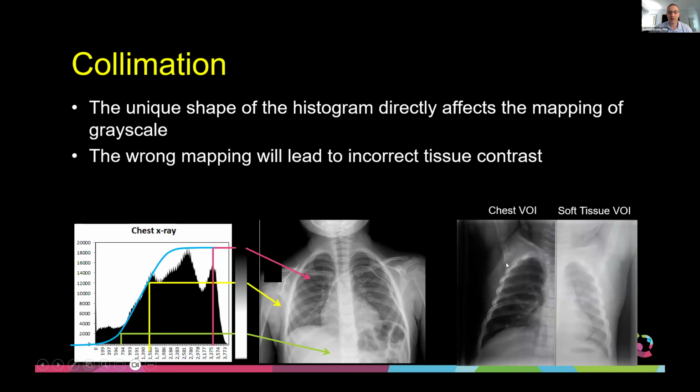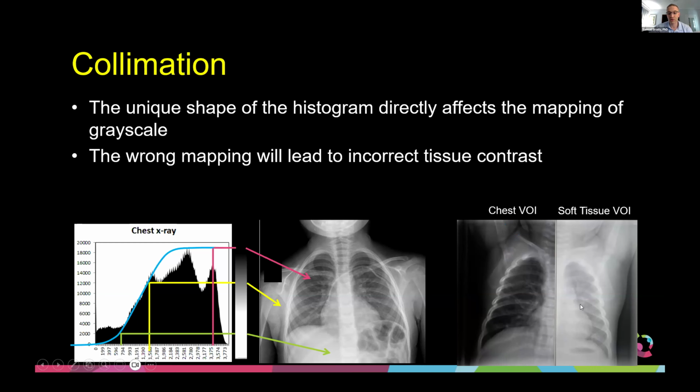If you do not use the right collimation and select the wrong reconstruction algorithm, the contrast in the image will be drastically different. This is an example where I demonstrate using the proper chest reconstruction algorithm versus using an abdomen reconstruction algorithm.